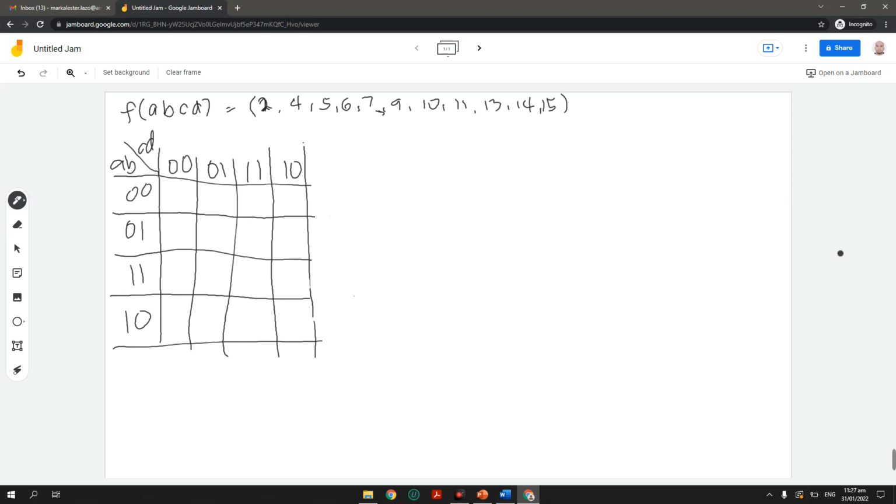So if you do not wish to draw the truth table for the given equation, you can simply have this trick, or you can simply write this one. So directly into the map, this is 0, this is 1, this is 2, and this is 3.